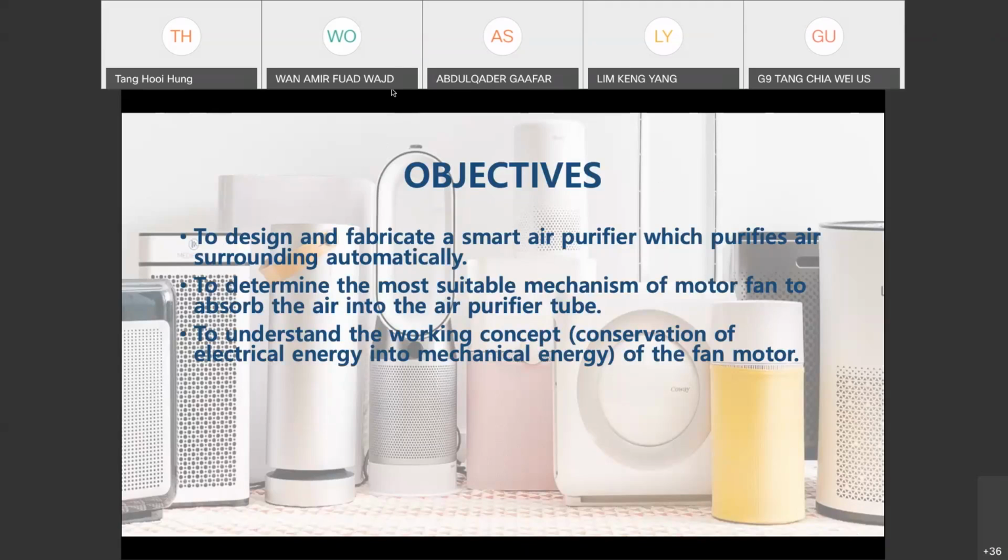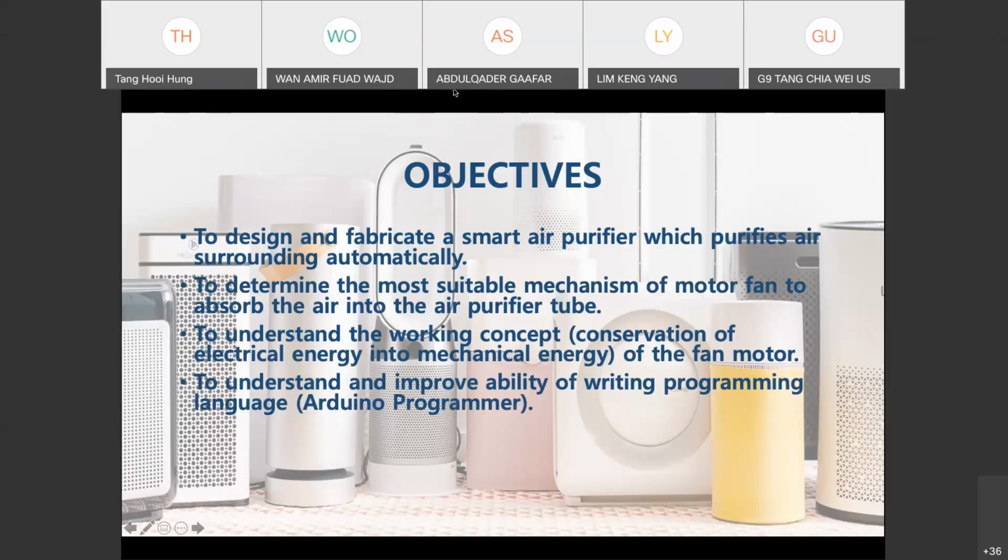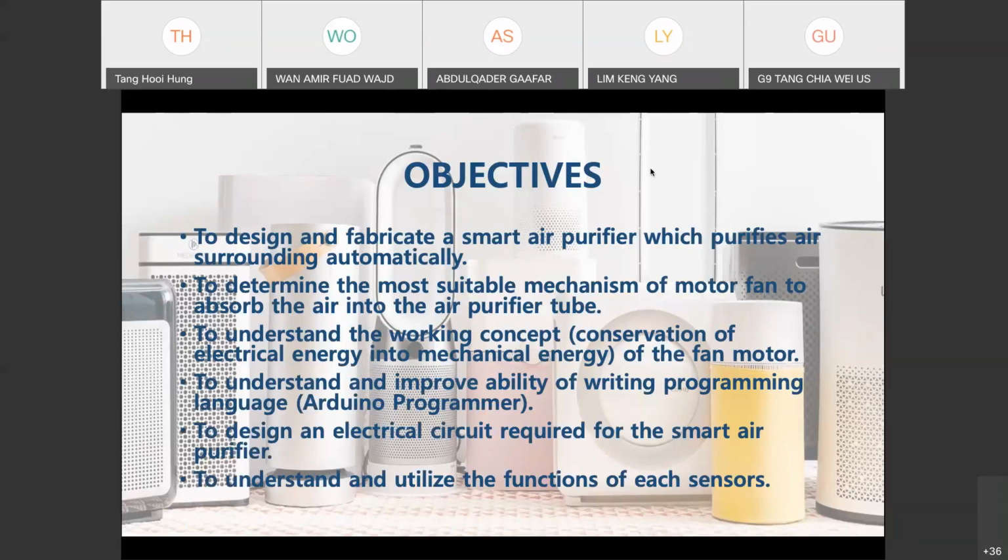Then understand the working concept of conversion of electrical energy into mechanical energy in the fan motor. Also improve the ability to write Arduino programming language to improve the implementation functions of the smart air purifier, design the electrical circuit required for it, and lastly, understand and optimize the functions of each sensor. Next.